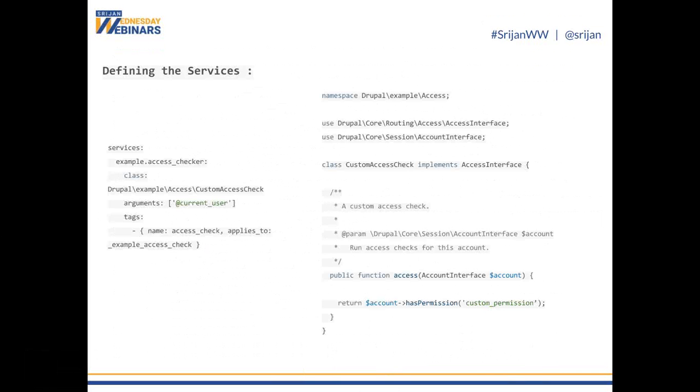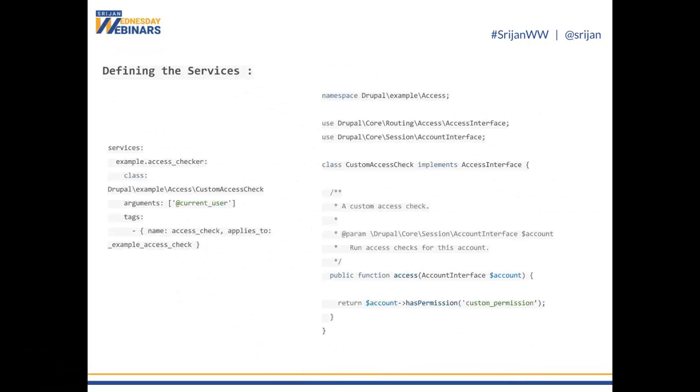I even have the alter function in my module, but what you can do is create a class inside your module. Like, if your module is called example, create a class with the name ExampleServiceProvider.